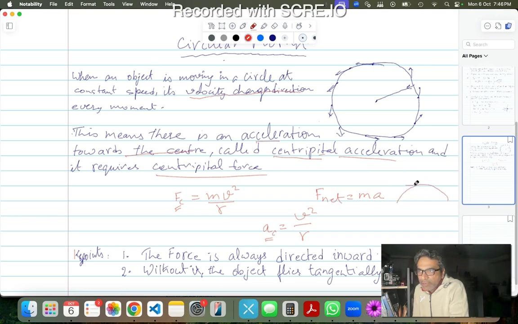This is the tangent, the line which touches the circumference of the circle. That's the tangent, and the line which is drawn perpendicular to it is the normal.